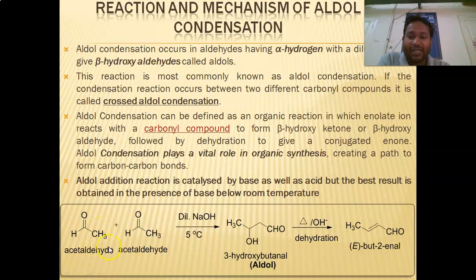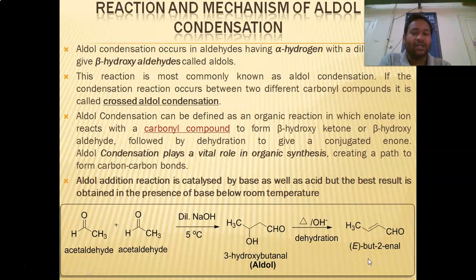The driving force of the reaction is formation of the enolate in presence of the base, which undergoes self condensation with another molecule of aldehyde or ketone, forming the corresponding beta hydroxy ketone or aldehyde. Further heated, it forms the alpha beta unsaturated aldehyde or ketone, also called the enone.